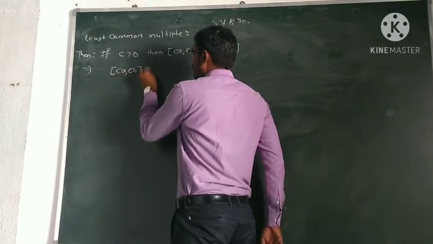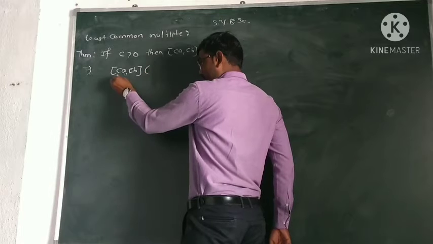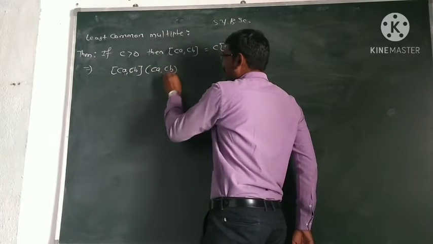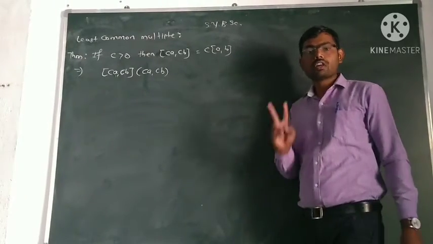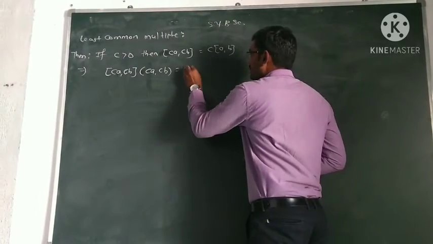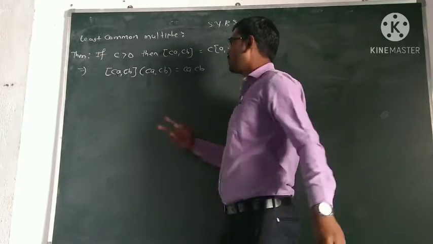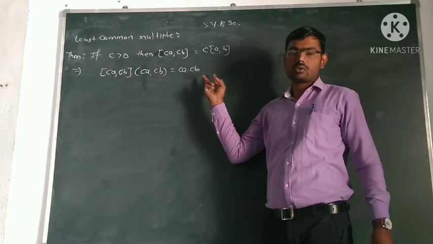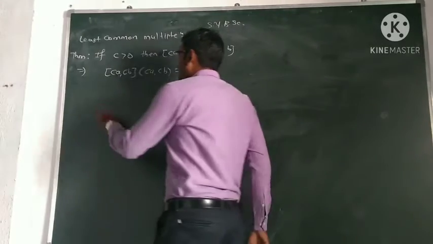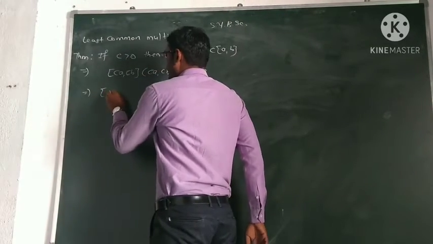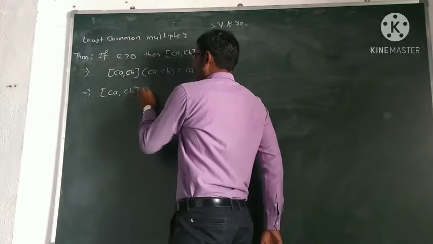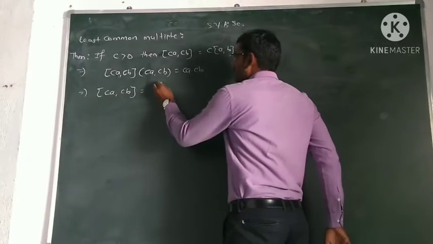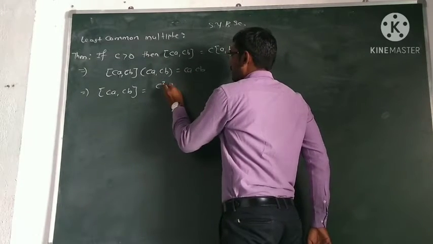So GCD of CA and CB into LCM of CA and CB is equal to the product of CA and CB, which is CA CB. You know the property: GCD into LCM is equal to the product of the two integers. This implies LCM of CA and CB is equal to, transferring GCD to the right side, CA CB upon GCD of CA and CB, which gives C square AB.